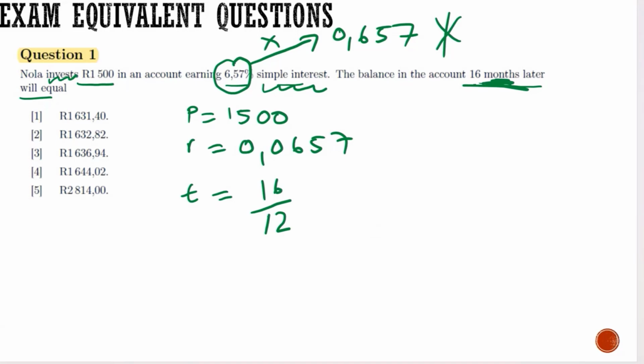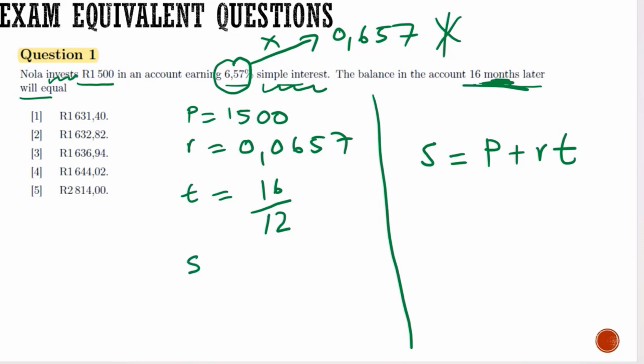So now you know what your formula is: S is equal to P plus RT. Your S is what you are looking for. You must write what you are looking for, in case you are asked to find so many things. It's important that you write it down. I know that I'm looking for my S.